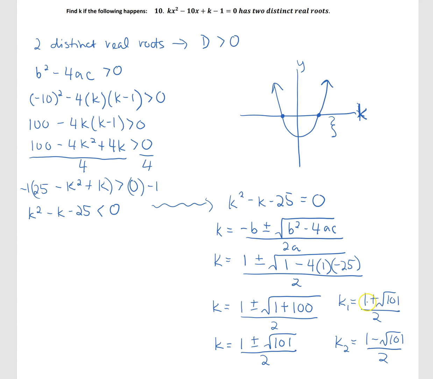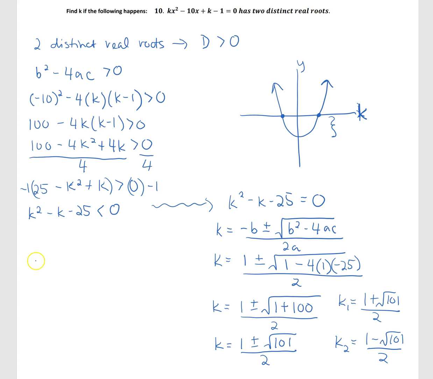And so 1 plus 10 is around 11, divided by 2, it's around 5.5. In this case, we're taking 1 minus 10, so that's negative 9, divided by 2 is around negative 4.5. So k2 is our lower point here, and k1 is this point up here.